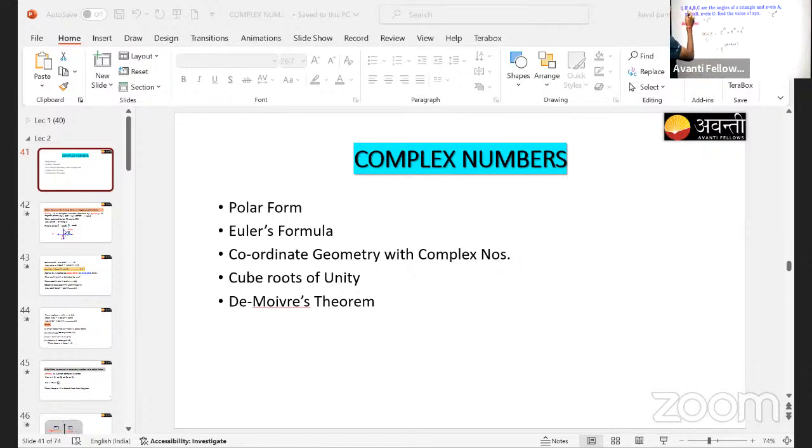A, B, C are angles of a triangle, which means the sum of all angles of a triangle is 180 degrees. So e raised to i pi. What is pi? 180. This is basically cos pi plus i sin pi. Sin pi is 0, cos pi is minus 1. So my answer is minus 1. So xyz equals minus 1. Let's see the next question.